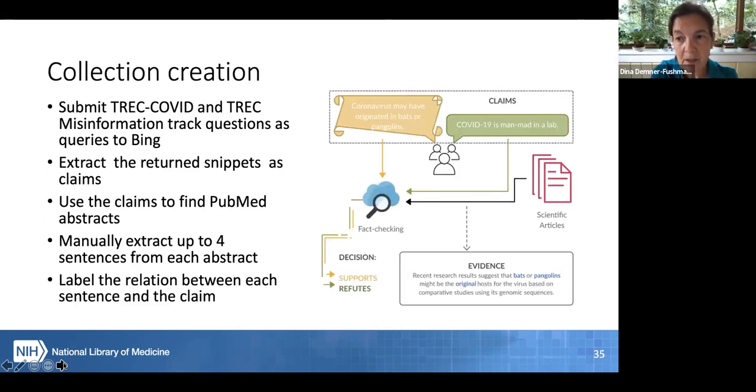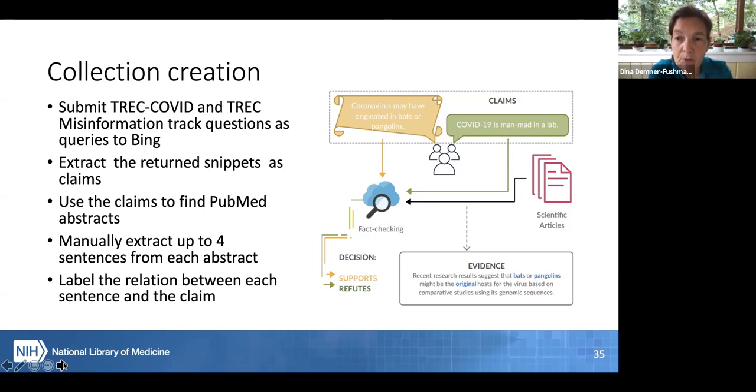So the steps in creating the collection are to submit the track COVID, misinformation track, and other questions that we see occurring naturally as searches to Bing, and then take the snippets that Bing returns as claims. Then use these claims to find PubMed abstracts. Of course, if you just find PubMed abstracts without re-ranking, many evidence sentences were just neutral, so we were not getting anywhere.